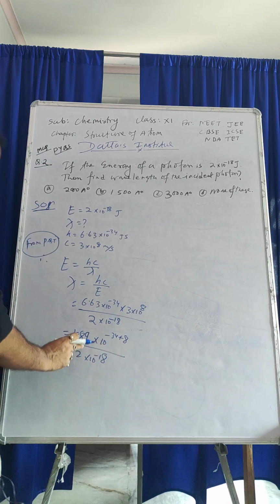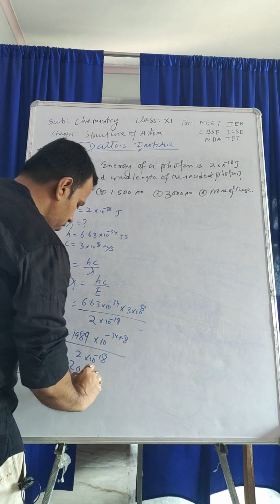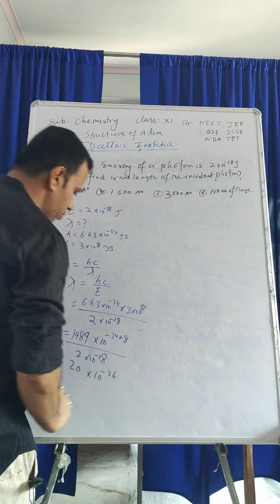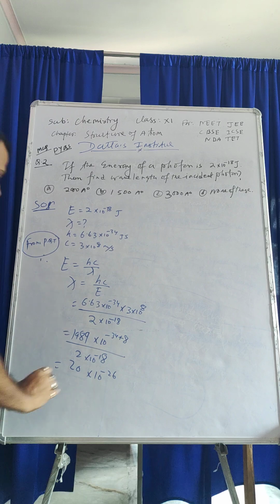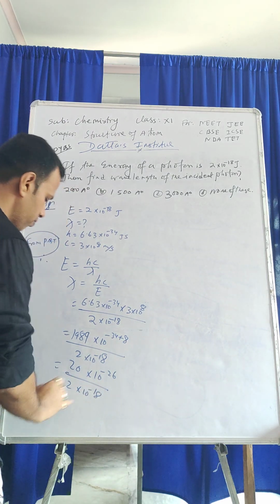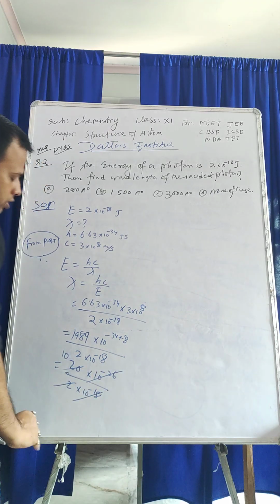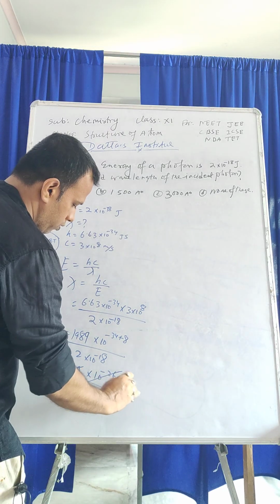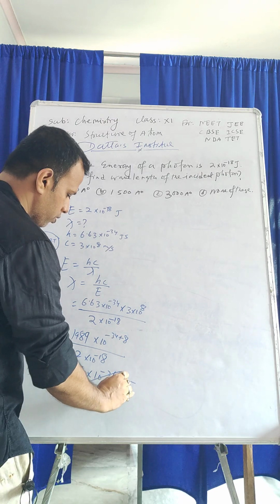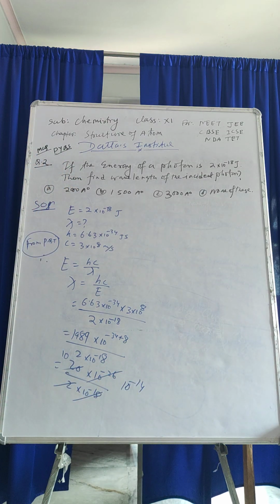Here is 19.89. We can write here 20 into 10 to the power minus 26, and here 2 into 10 to the power minus 18. If I cut this one, it will be 10.